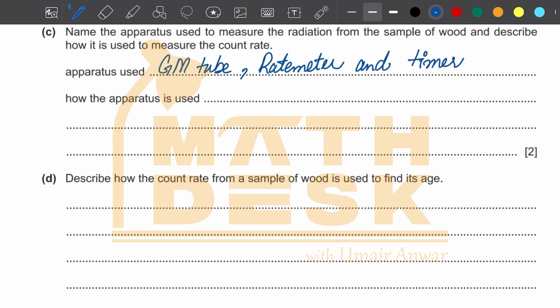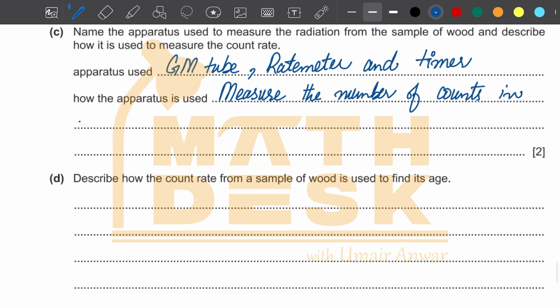How is the apparatus used? So we make the measurement of the number of counts in a specified time. For example, we could measure it every 1 minute.